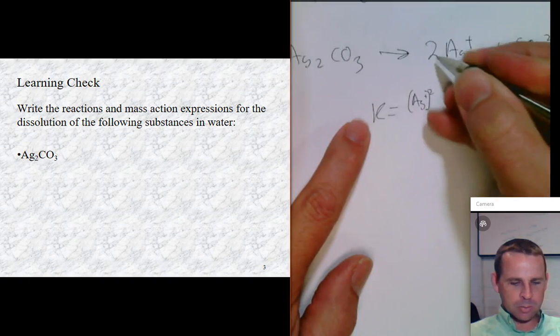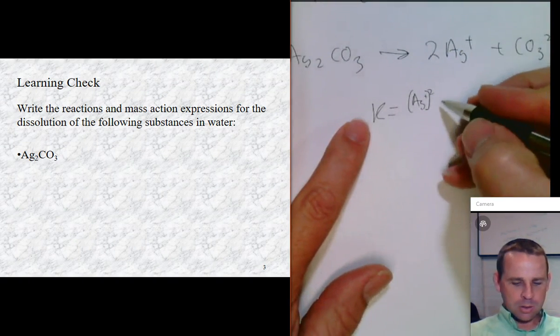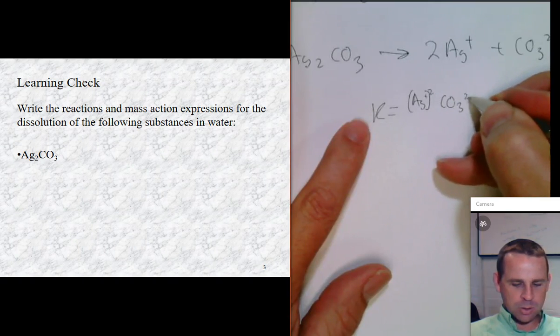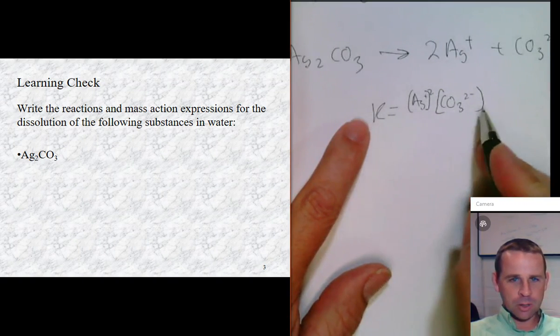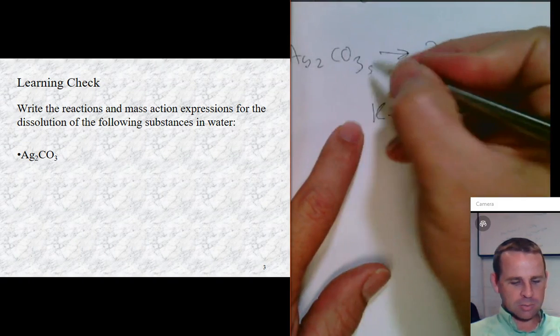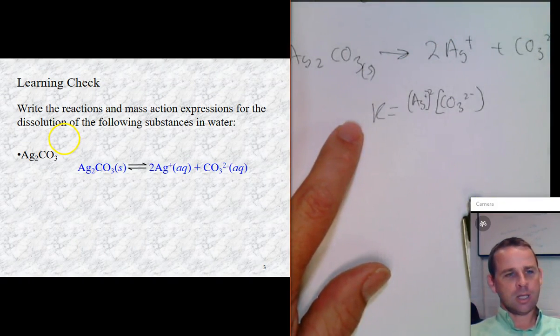Now, hopefully you remember the squared because of the stoichiometry, times the concentration of the CO3 2- ion over nothing, because silver carbonate is not a soluble compound.